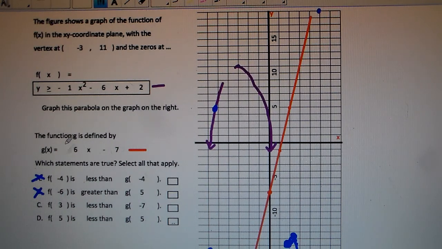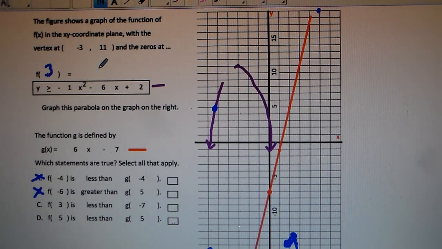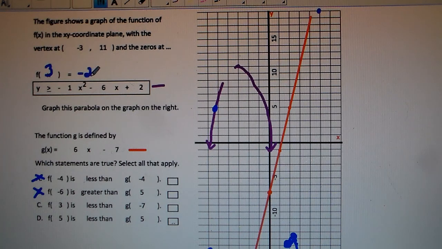So for our function at 3, when we put a 3 in here, what are we going to get? Well, f of 3, I could look at my table. My function at 3 is negative 25.